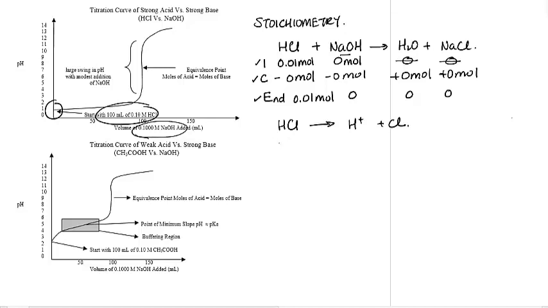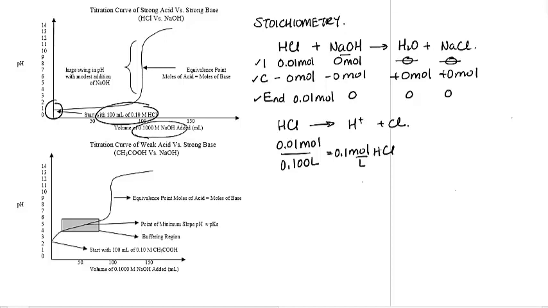So we take the number of moles and divide it by the total volume. In this case, it's going to be 100 mL, or 0.100 liters. And this works out to be 0.1 moles per liter of HCl.